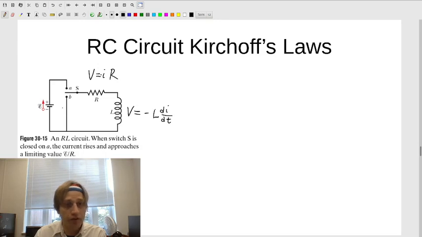So remember, we said back in the day, if you add the voltages around any loop in a circuit, they should add up to 0, because the energy that you're gaining is going to be lost or stored in other elements.